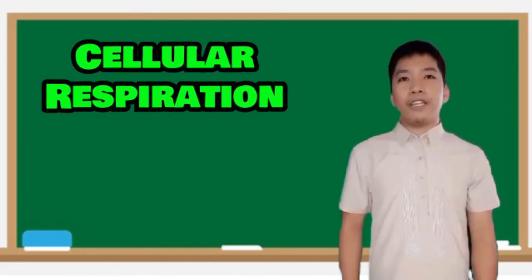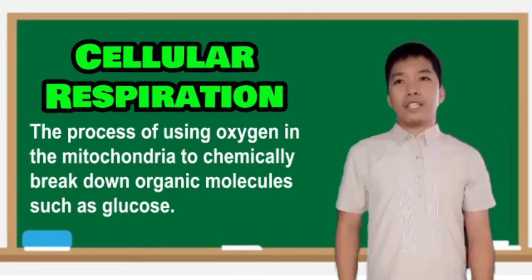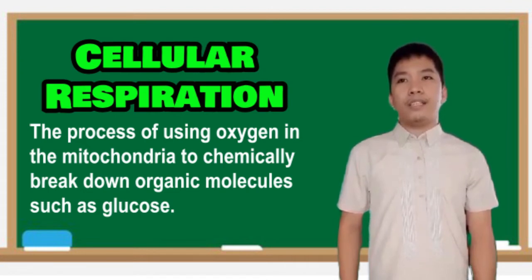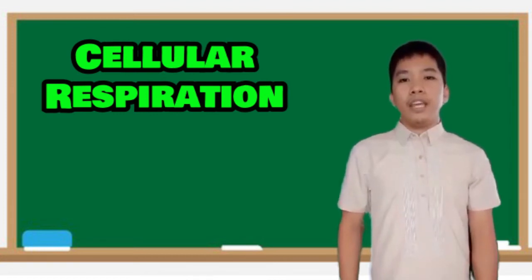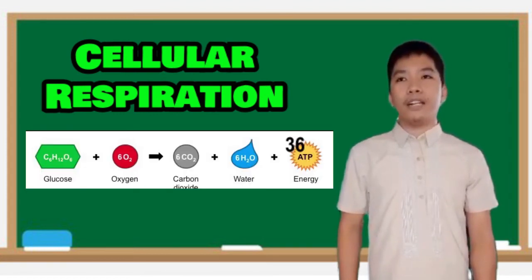Cellular respiration is the process of using oxygen in the mitochondria to chemically break down organic molecules such as glucose. This releases the energy stored in the bonds of glucose. Here is the equation for cellular respiration.